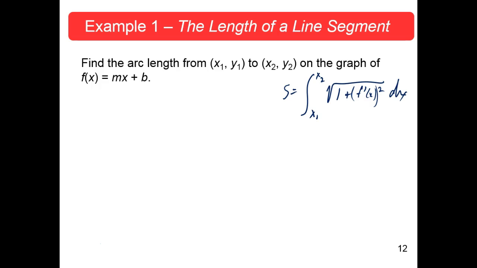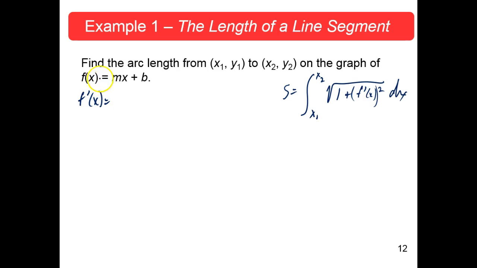So what's the first thing you're going to have to do before you can even start your integration? Hint, you don't see f anywhere in that integral, right? What do you see in there? F prime. So the first thing you've got to do is find f prime of x.